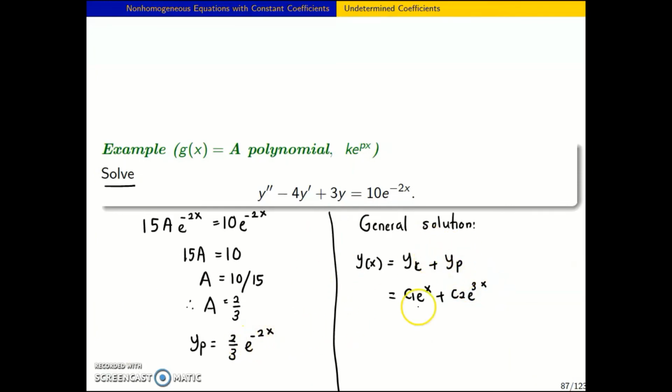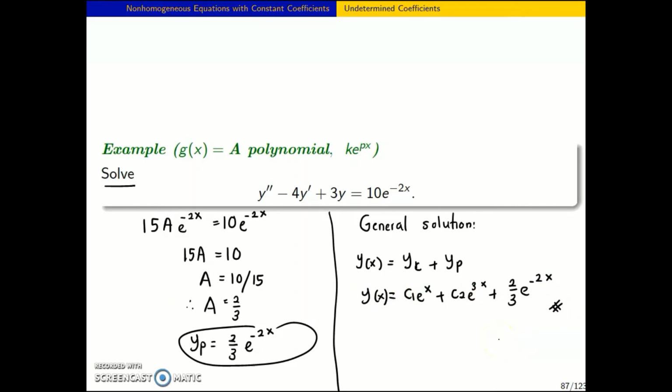Plus yp, which is what you have obtained. So this is your general solution if you have an exponent term.